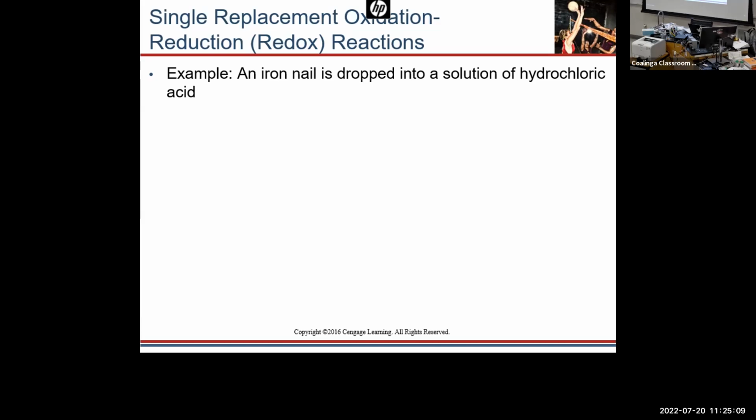Okay, it's good. So then our total ionic equation. Solid.